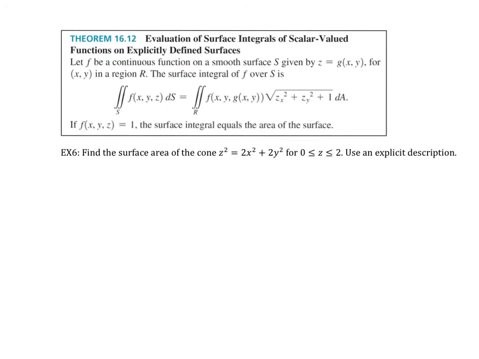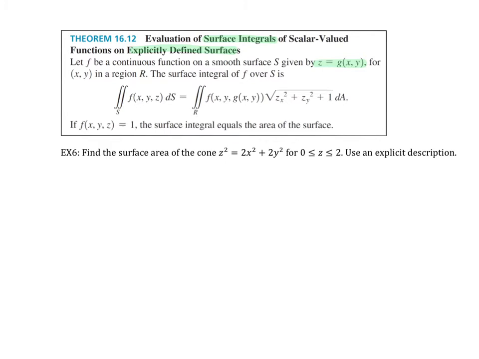Okay, so we're going to move on and look at surface integrals again. So we're still doing surface integrals of scalar valued functions, of explicitly defined surfaces. When we explicitly define a surface, that means we take z equal to some function of x and y.